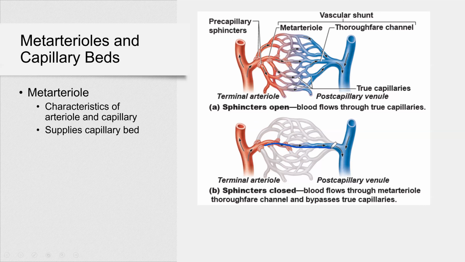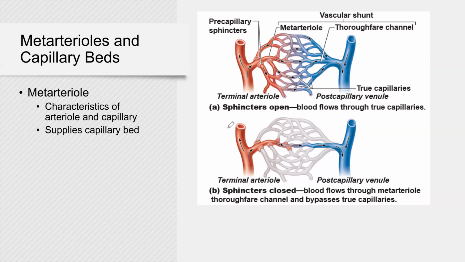I don't know, maybe I'm wrong over here. But anyway, now why do we need it? Oh, let's read this. Sphincters closed, blood flows through the metarteriole thoroughfare channels, and bypasses the capillaries. Now you would ask, why do we need it? Well, actually you have on average only 5 liters of blood.